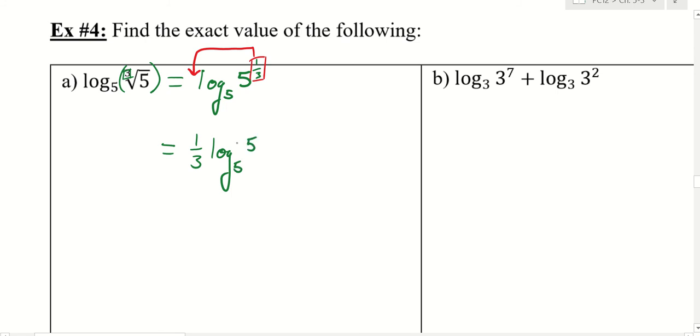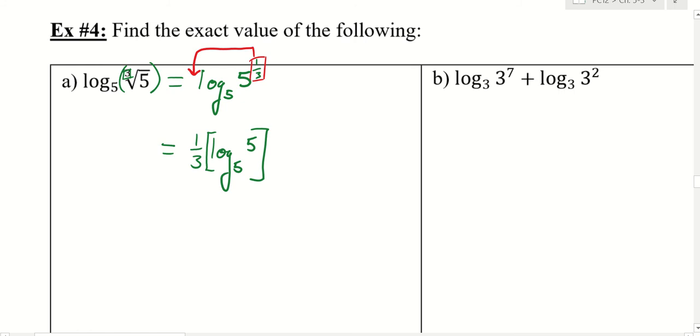And let's think about what log base 5 of 5 means. This logarithm really just means the number such that when we raise base 5 to log base 5 of 5, we get 5.